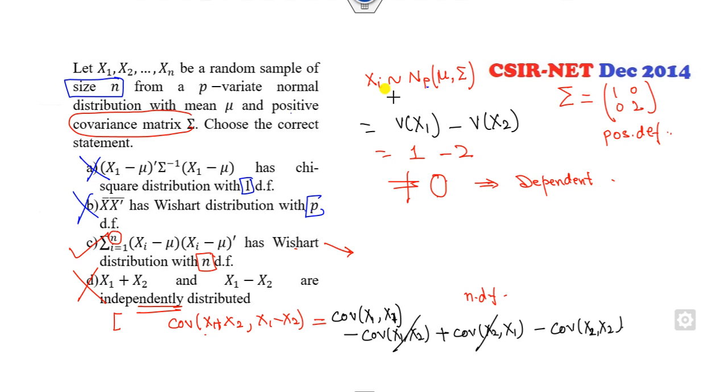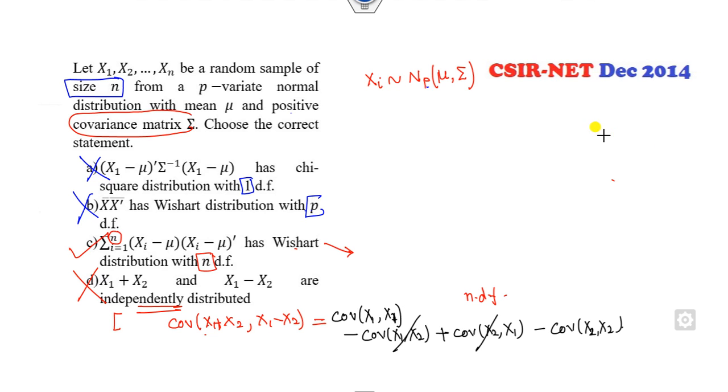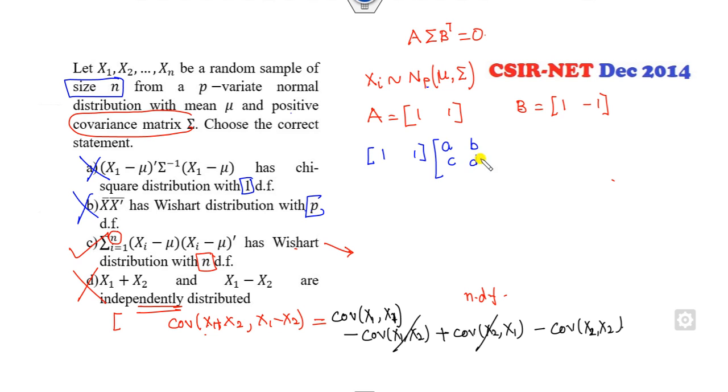There is one more method to check the independence. If you remember my earlier shortcut tricks, this number should be 0. What is my A? The coefficient matrix 1, 1. B is my 1, minus 1. So I can start here with 1, 1. Sigma is not given to you, so I can choose A, B, C, D and 1, minus 1.